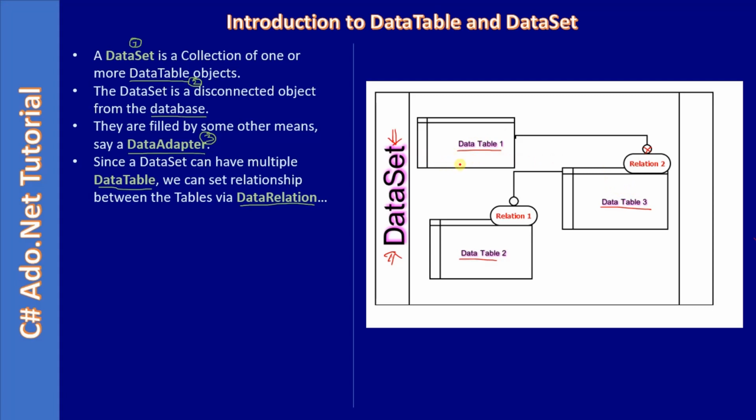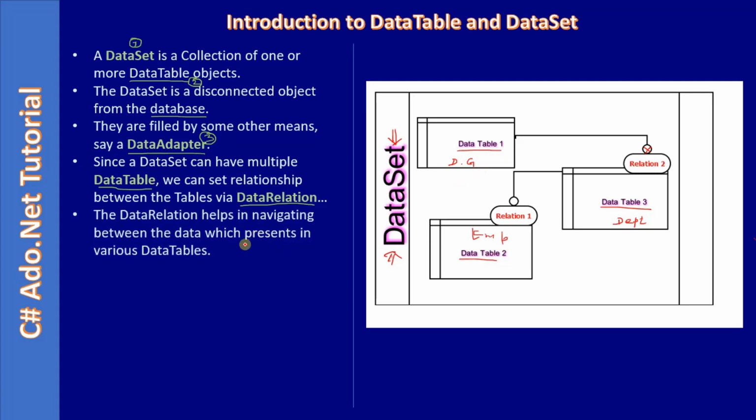If we call this a department group, and if this is a department, you can see a relationship between these two. Similarly, there is a relationship between data table 3 and data table 2, and if you say it's an employee, we can say the employee belongs to the specific department, and this department belongs to a specific department group.